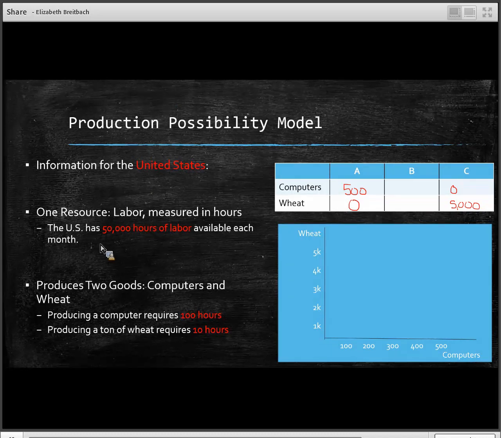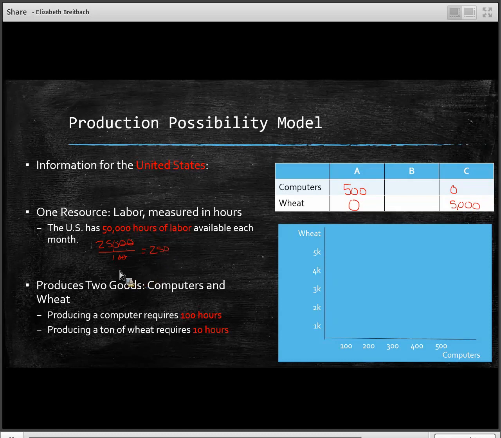And so if I want to know first how many computers I can produce, if I take my 25,000 hours, which is just the 50,000 divided by 2, and divide it by the 100 hours it takes to produce one computer, I can see that I'm going to be able to produce 250 computers.